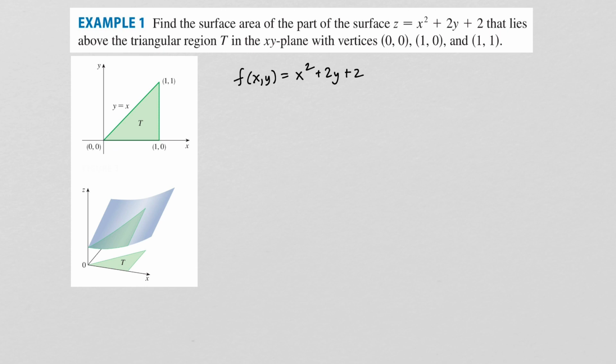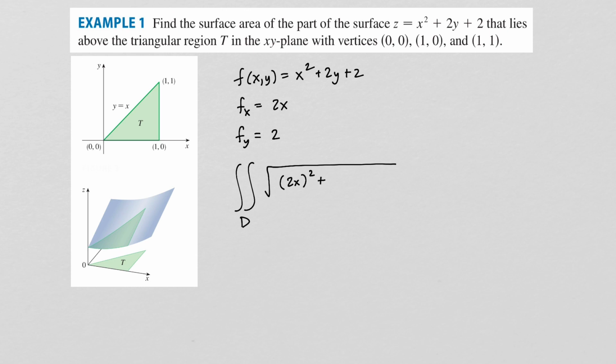To calculate the surface area, we need the partial derivative with respect to x, which is 2x, the partial derivative with respect to y, which is 2, and we are going to take the double integral over our region D of the square root of the partial derivative with respect to x squared plus the partial derivative with respect to y squared plus 1, dA.